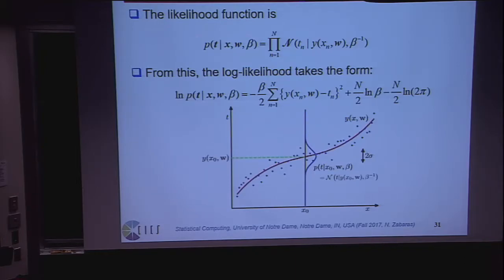So if you use the likelihood and take the log likelihood like that, can you immediately recognize that maximizing the likelihood is the same as minimizing this error function? So it's least squares, if beta is known. Okay, so it's your classical least squares problem. So MLE estimation is identical to least squares, so you will have exactly the same problems as least squares, so it's not good for you.